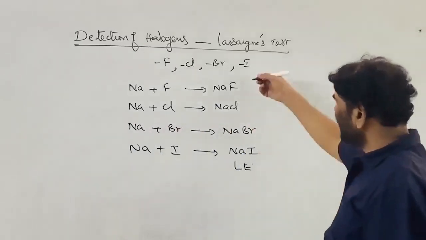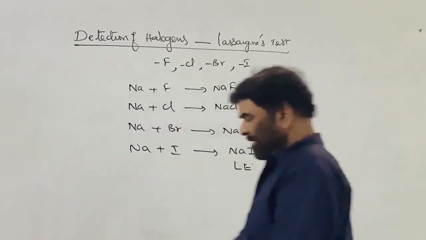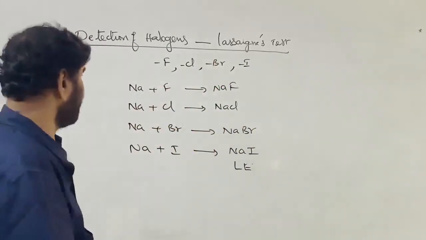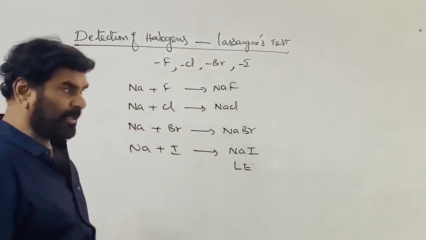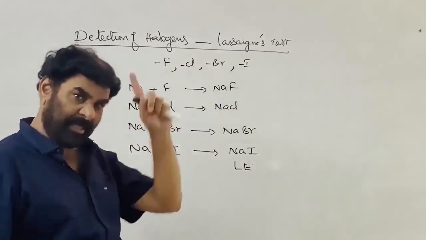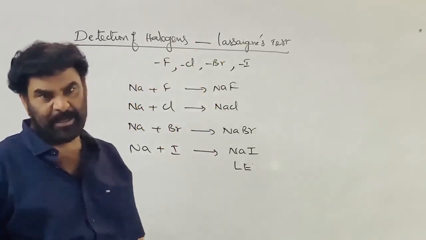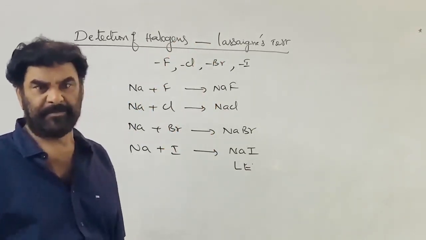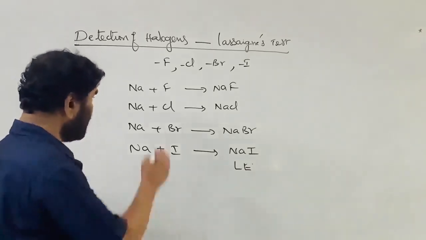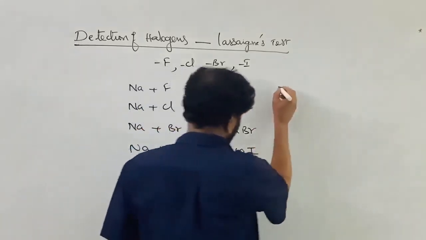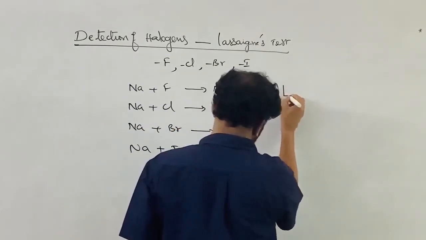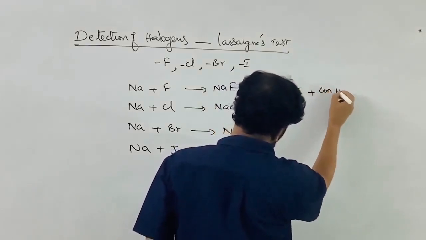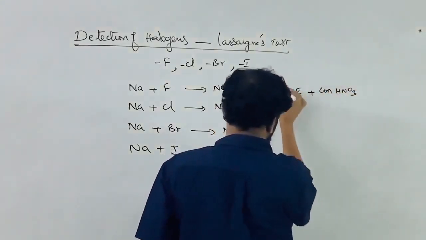The best test for this is the silver nitrate test. To the Lassaigne extract, here we use silver nitrate. There in the nitrogen detection we use ferrous sulfate and sulfuric acid. And here, take the Lassaigne extract and treat with a few drops of concentrated HNO3 first.